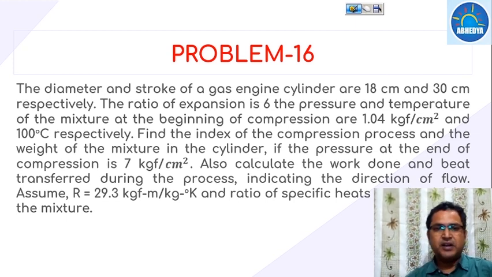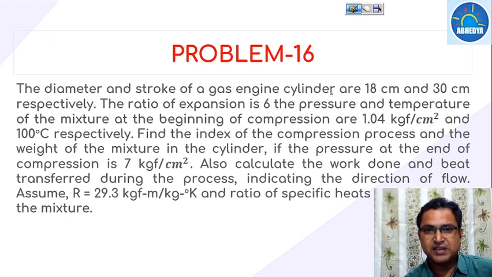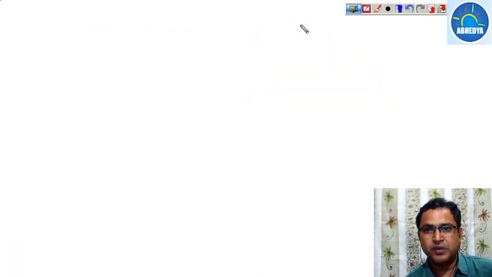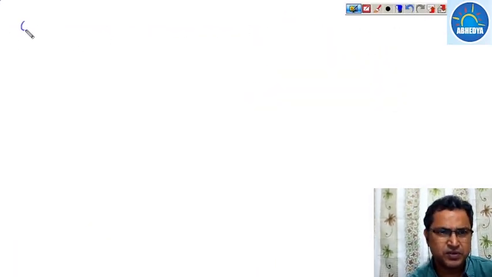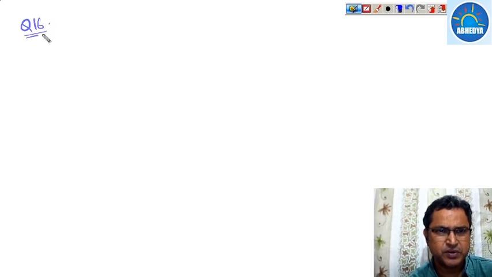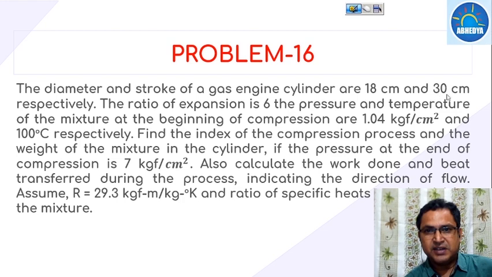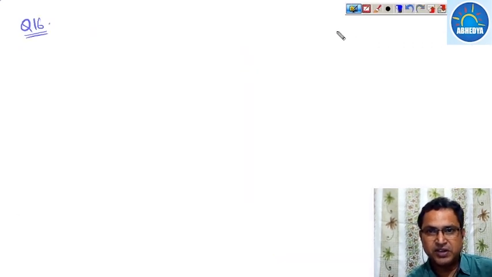The diameter and the stroke of a gas engine cylinder are 18 cm and 30 cm respectively. Question number 16. That is, the diameter is 18 centimeter and the stroke is 30 centimeter. So what is the initial volume?